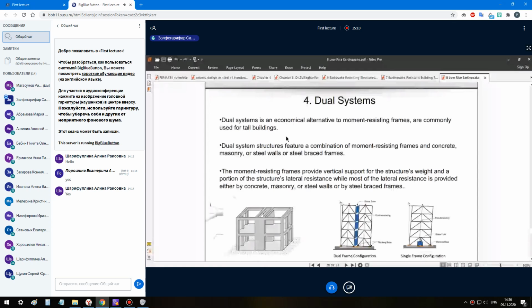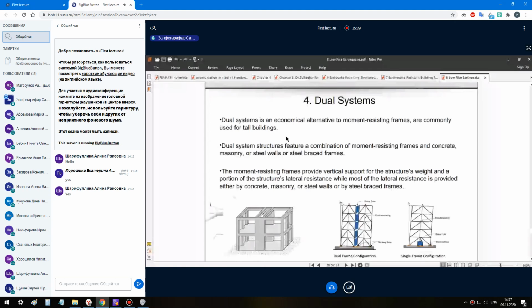The moment resistant frame provides vertical support for the structural weight and a portion of the structural lateral resistance, while most of the lateral resistance is provided either by concrete masonry or steel walls or by steel braced frames, as shown in this slide's schematic shapes.